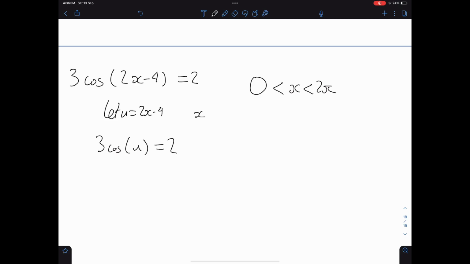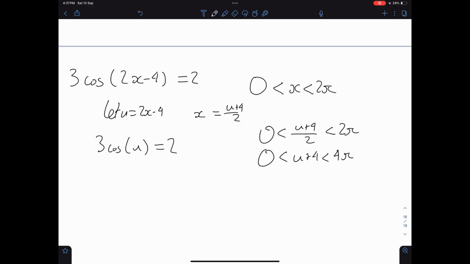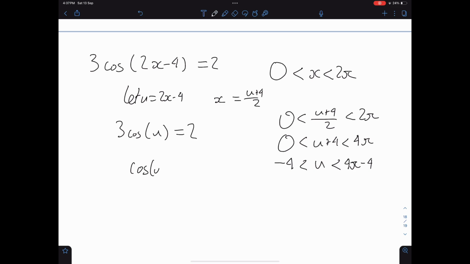And I would get x in terms of u, because that's u plus 4 over 2, and then I'd put this into this domain so I can figure out what domain I need to be using. Like that. And now I would solve normally.